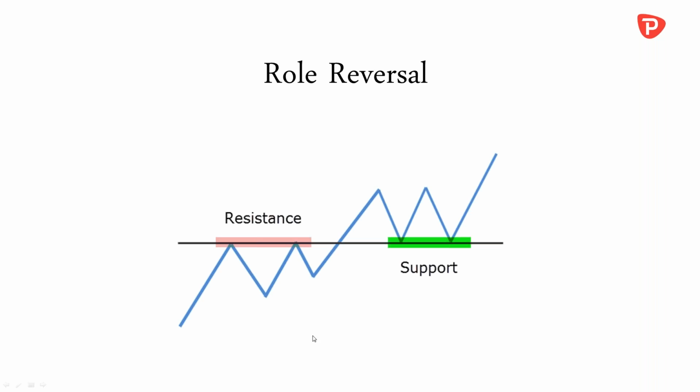Okay, so with the role reversal, what we're basically seeing here in the example is what was a resistance zone first eventually breaks through. So that's the thing. Support and resistance is resistance or support only until it eventually breaks. But what we often see, when a serious resistance zone is broken, it often comes down and retests that level from the upside. So we consider that obviously a role reversal, because now what was resistance is now support.